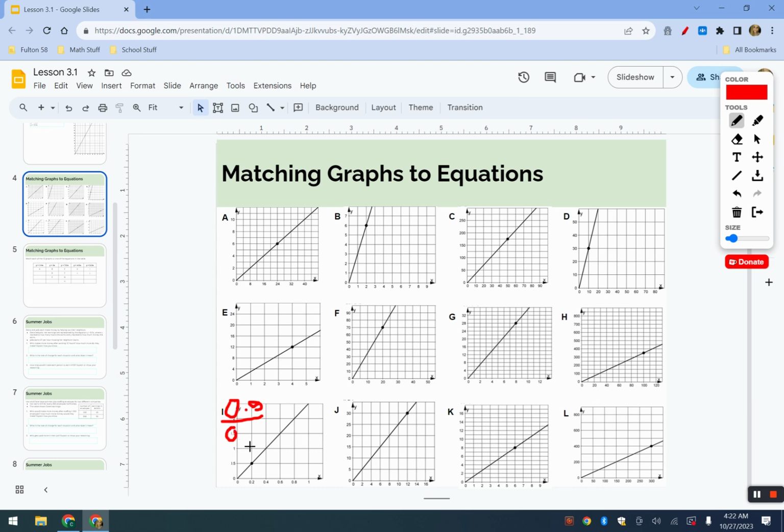This one we're actually going to multiply both numbers by 10, and that's going to give us 5 over 2. J is 30 over 12. 30 and 12 can both be divided by 6, giving us 5 over 12. Or 5 over 2, my bad. All right, good job. Let's go ahead and continue on now.